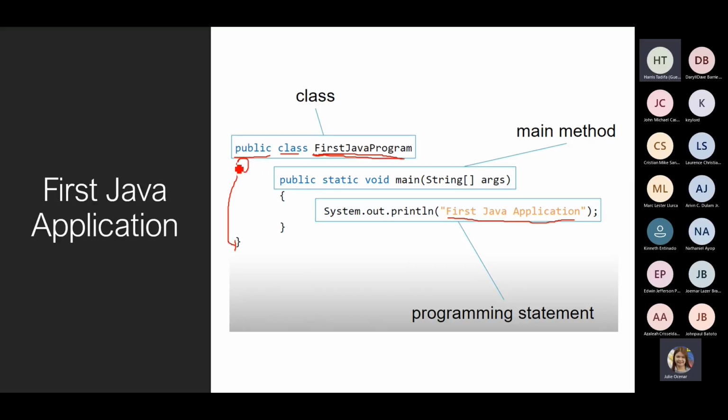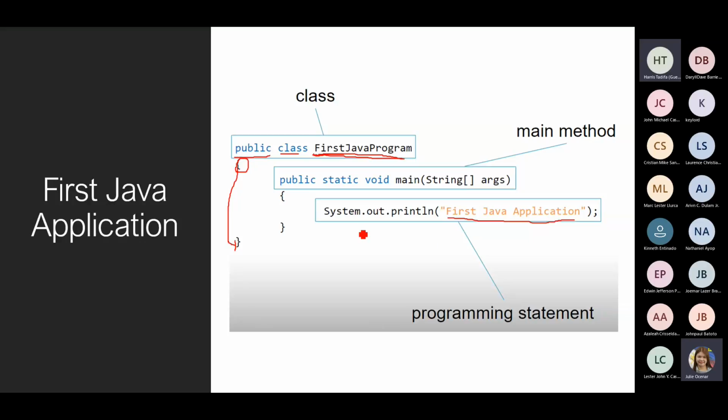Pag once na nag-start ang isang name with a capitalized or big letter, that means that is what we call the class name, not a variable name. Later we will talk about the variable name. This time class name muna. So in this part, the class name is first Java program.